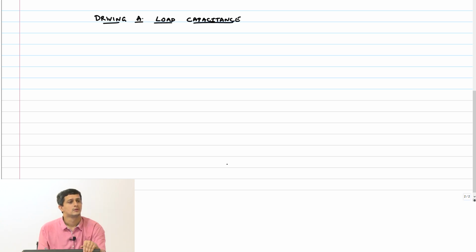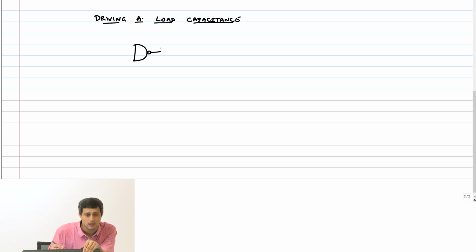Okay. Now I want to move on to driving a load capacitance. What I want to do now is, I have a NAND. Of course, there are its own parasitic capacitances, but I now want to drive a fixed load capacitance CL.